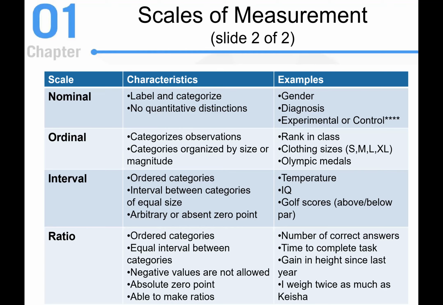And there's no quantitative distinction between the political parties. One is not greater or lesser than the other in a numerical sense, right? As far as political parties are concerned. We could also have another nominal example, blood type, right? There's about 5 or 6 different blood types. There's A, B, AB, and O. And then there's either positive or negative values for each of those respective blood types.